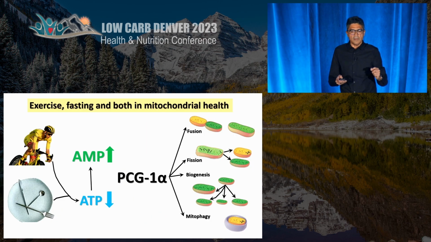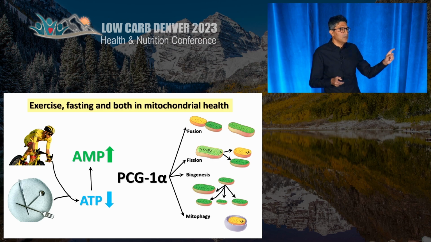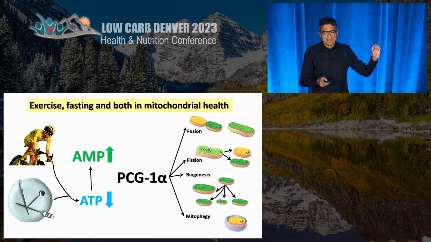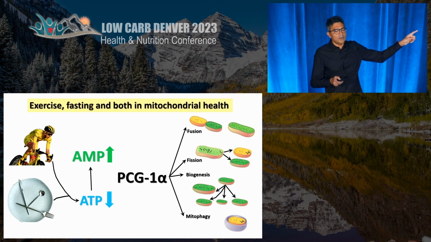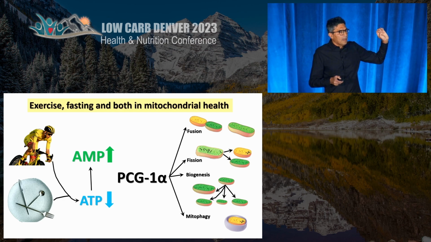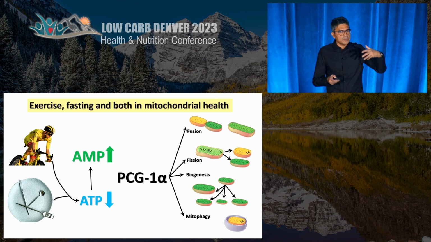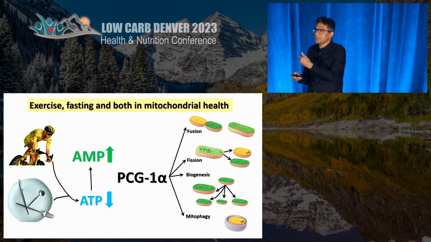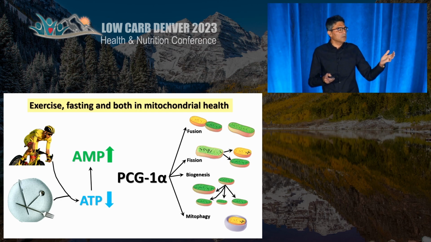The healthy mitochondria, and you can say that I'm a cyclist because that is Pogacar, in the setting of exercise, they use up ATP. The body, when it's exercising, uses up ATP as energy fuel. As ATP goes down, AMP goes up.